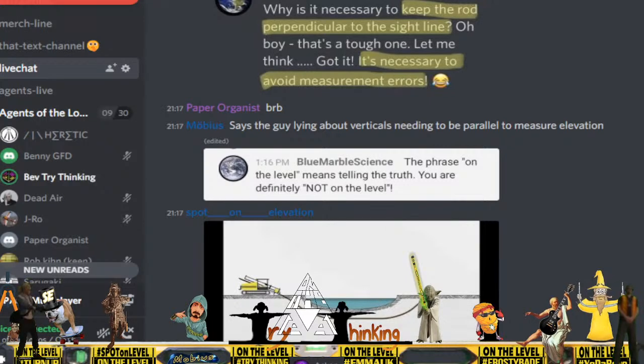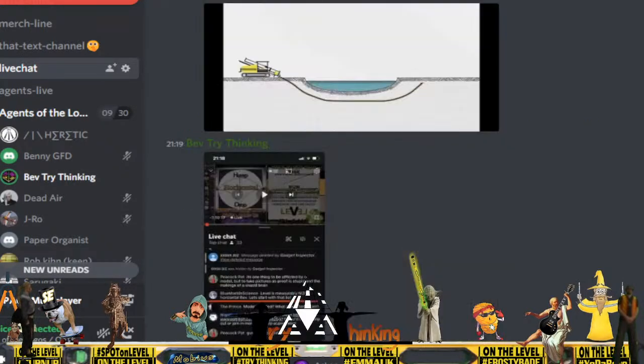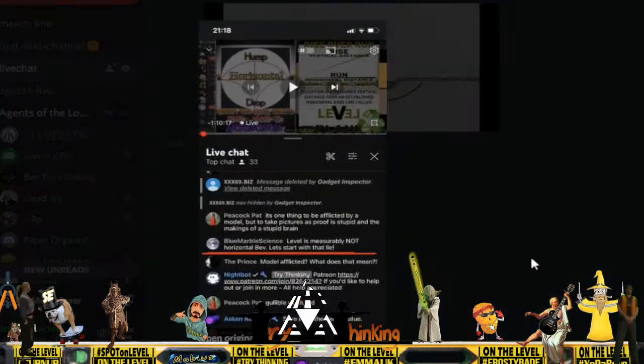Because we can all trust the Blue Marble scientists to come up with proof of what they're saying. There you go. A Blue Marble scientist, or no, the Blue Marble science says level is measurably not horizontal, Bev.